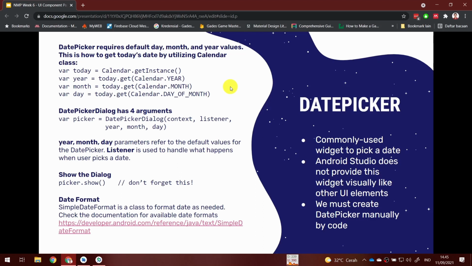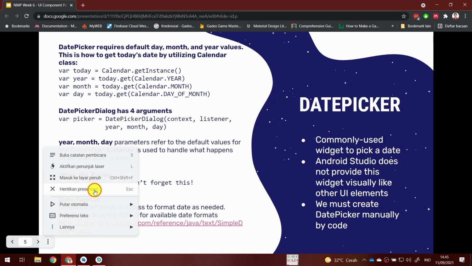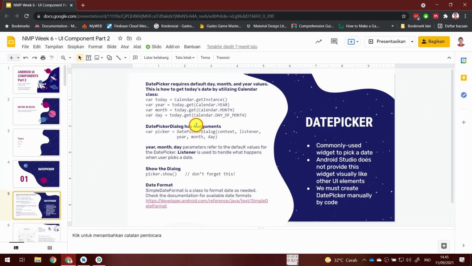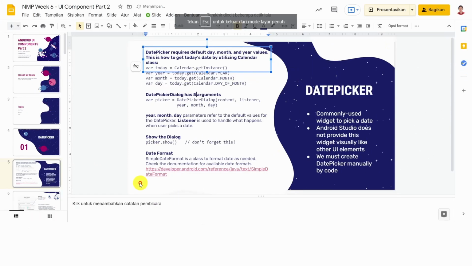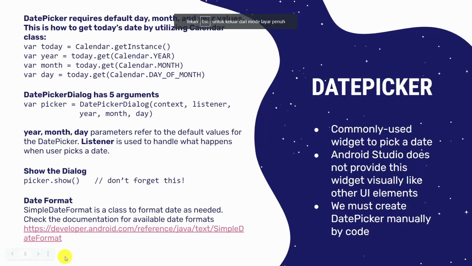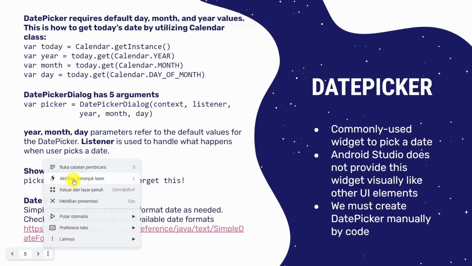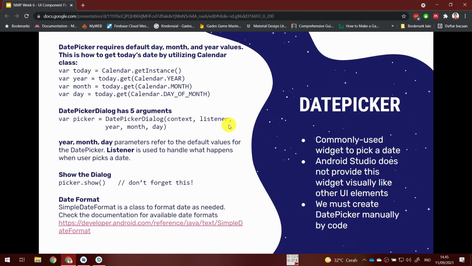Then to create the date picker, it has not 4, actually it's 5. Let me correct my slide for a second. It actually has 5 arguments: the context itself, the listener, and the default values year, month, and day.